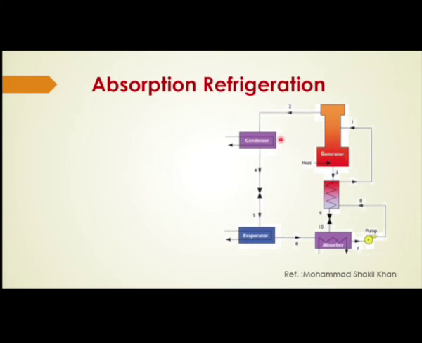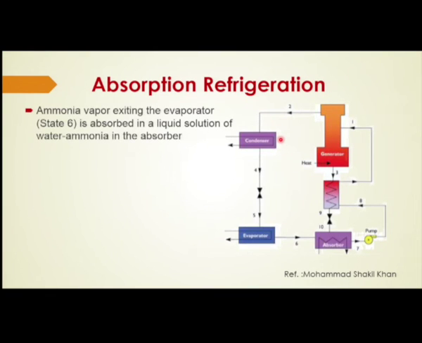If we see the operation, the ammonia vapor is applied to the evaporator and it is exiting at state 6. State 6 shows the ammonia vapor exiting the evaporator.